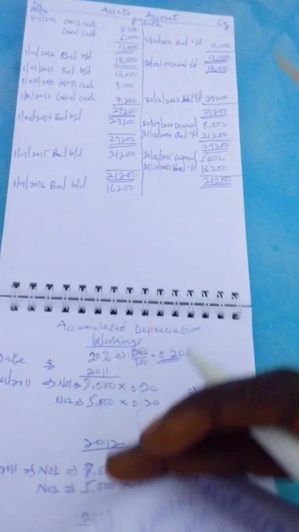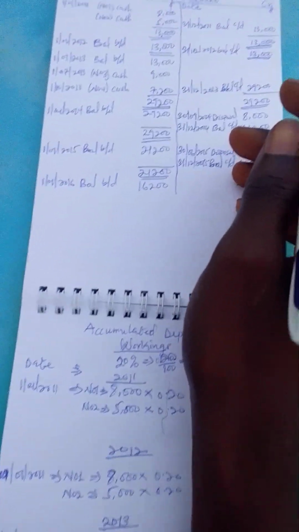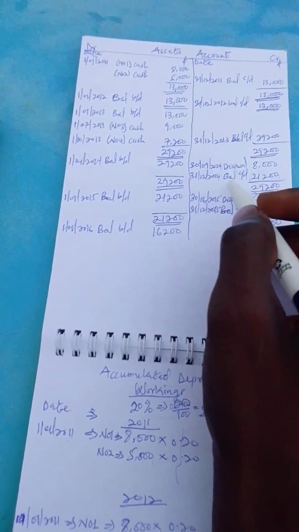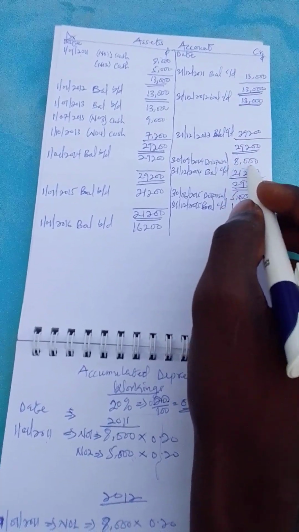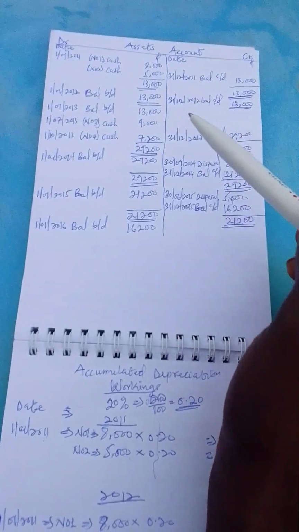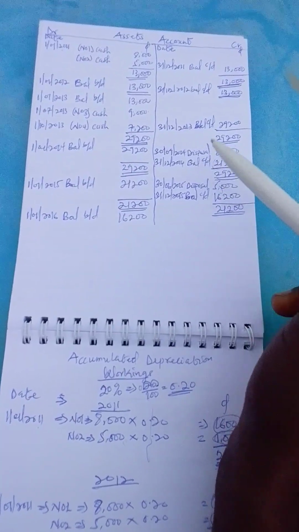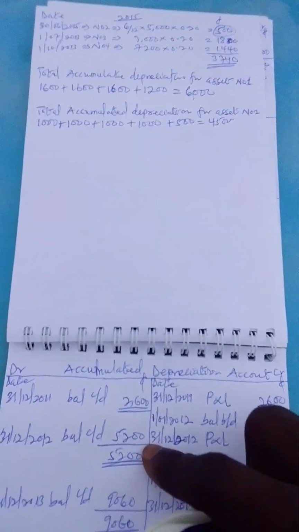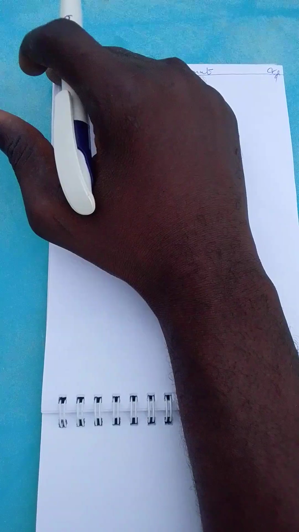So first of all, when you check the asset account, we recorded the disposal. We credited the asset account in the name of what? Disposal at this point, which is 8,000. So since we credited the asset account in the name of disposal at the credit side, we are also going to debit, because what we do to one side, you are supposed to do the same to the other side.